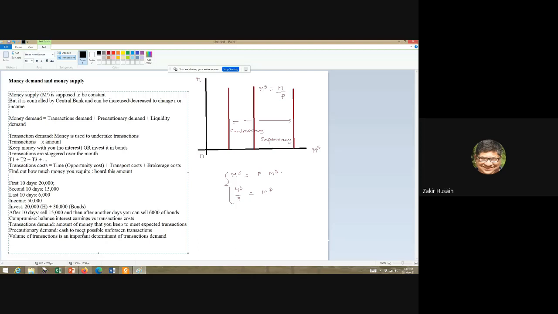And now, how do you capture the volume of transactions? Generally, if income goes up, if income increases, then one may expect that the volume of transactions will also go up. Okay, so that means your transaction demand is proportional to income.